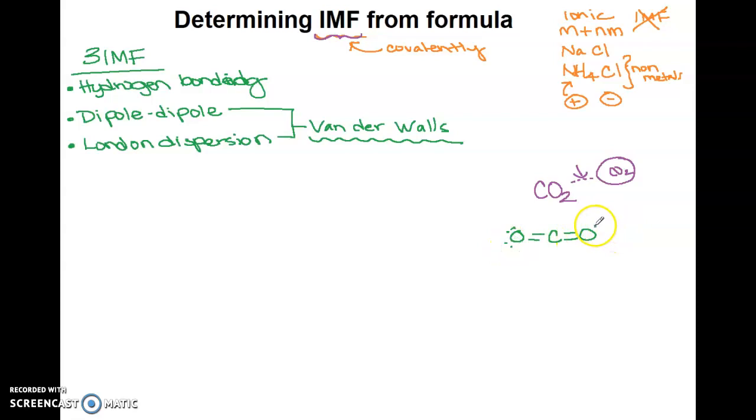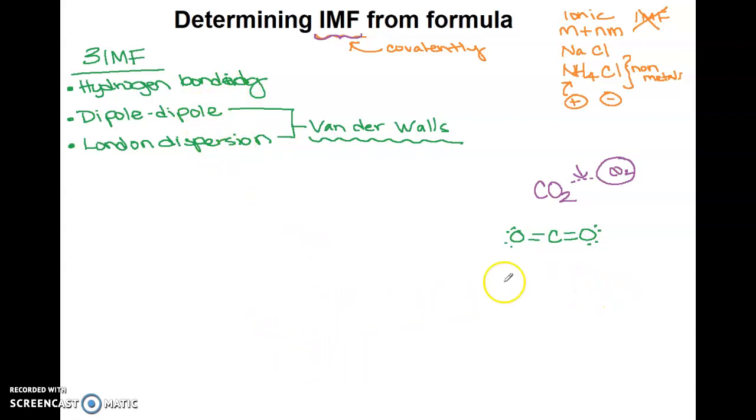We've learned this before, so I'm not going to go through all the steps, but you might want to go back and review if you're not really sure how to get from this to this. But that is really a critical part. We have to take a formula and figure out what's bonded to what and what the molecule looks like, because that is going to get us through determining which of these it is.